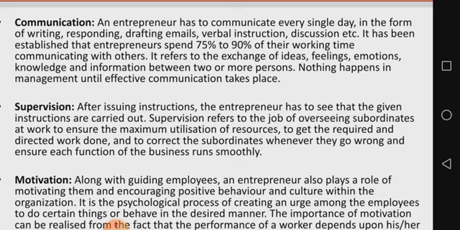So the entrepreneur will not ask an employee how much of the task is done. He will call the supervisor, or he will communicate to the supervisor about the progress of the work. He will get the ideas from there.